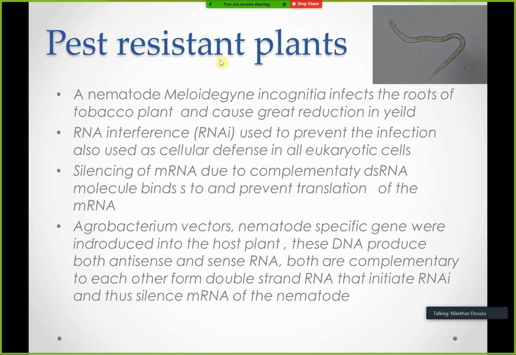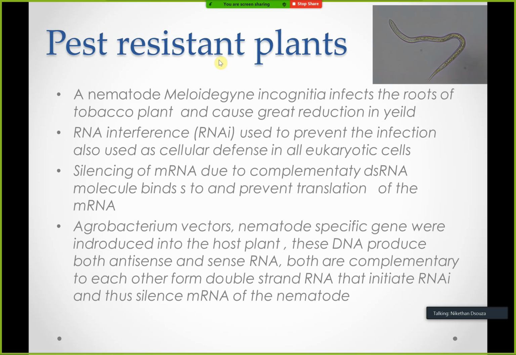In the pest resistant plants, here the nematode Meloidogyne is a nematode which infects the roots of the tobacco plant and causes great reduction in the yield.